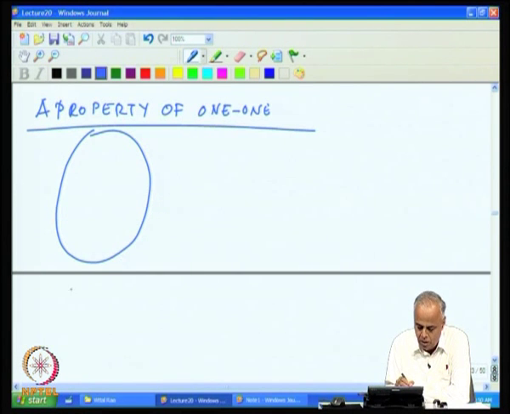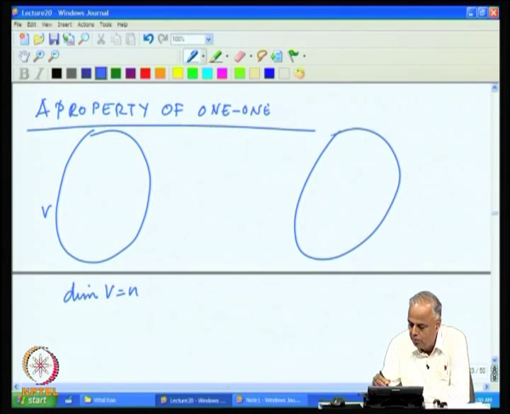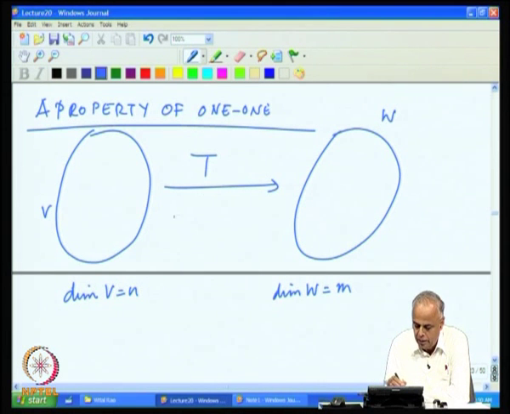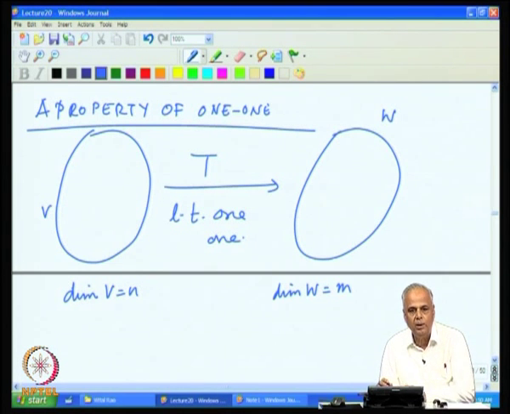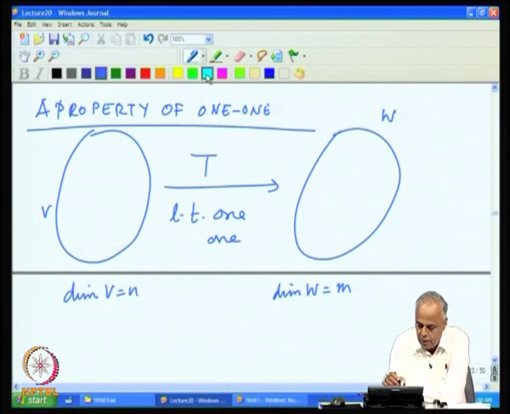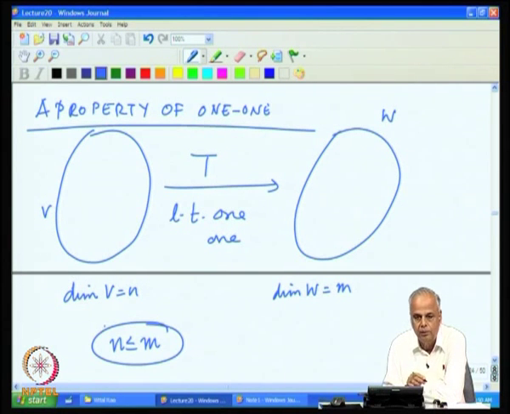So, we have a vector space V, dimension of V is n, and vector space W, dimension of W is m, T a linear transformation which is 1-1. Since it is a 1-1 transformation, a priori we must have that W has bigger dimension than V. So, we are assuming that n is less than or equal to m.